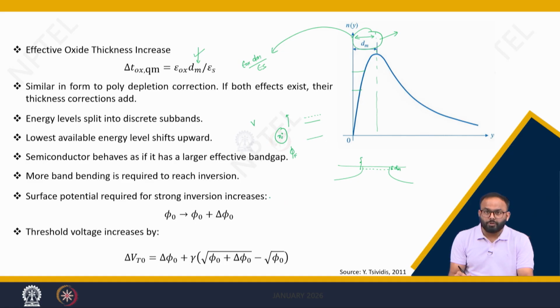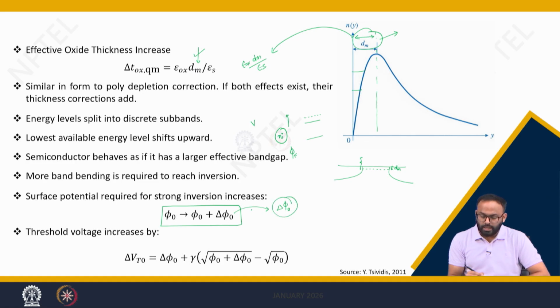It means the threshold voltage increases. So, we can simply model the threshold voltage by incorporating an additional term, that is delta phi naught, in terms of surface potential. So, when you go for modeling, you need to incorporate this additional delta phi naught in your threshold voltage equation to model this effect.